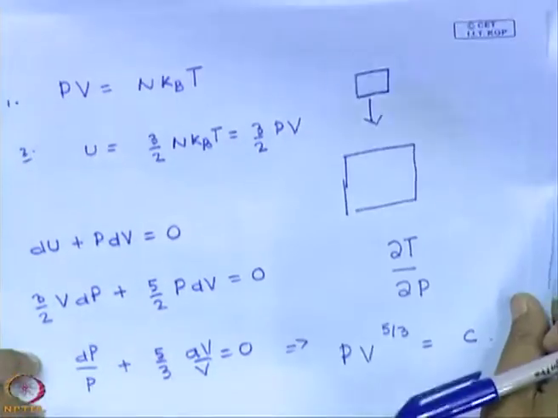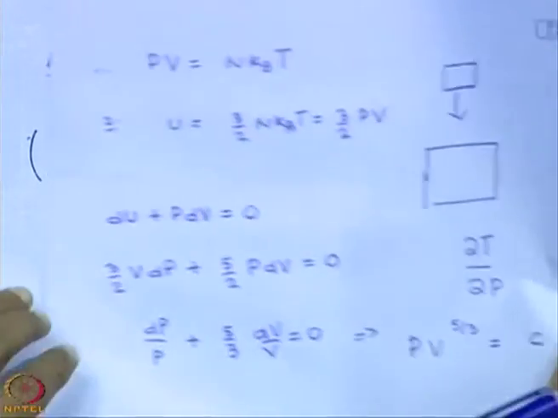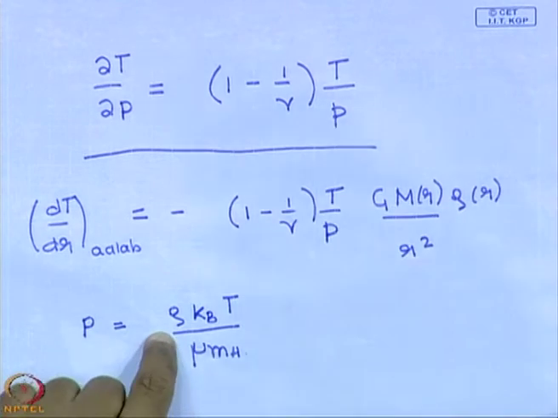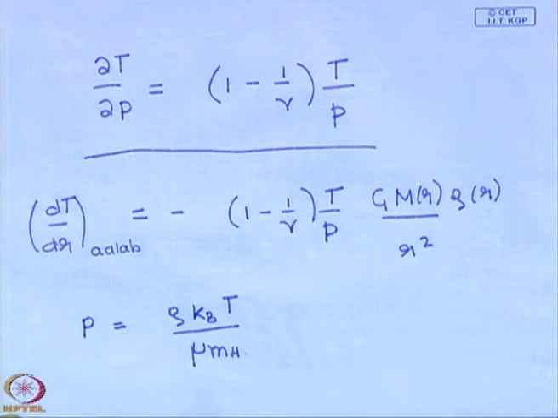Okay. So, it is the same thing as this, P v is equal to n k_B T, written in a slightly different way in terms of the mass density. Okay.